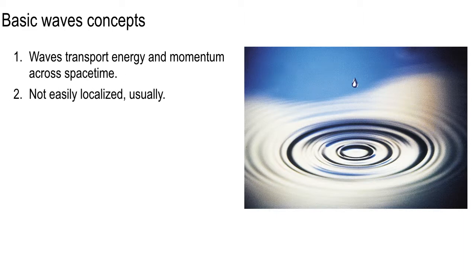One of the most important principles is that they're not easily localized. Most of the things that we started off with this semester, like a baseball, an apple falling out of a tree, a boxcar, those things can be approximated as a point mass, and that's why in a free body diagram we use a dot to represent that mass.